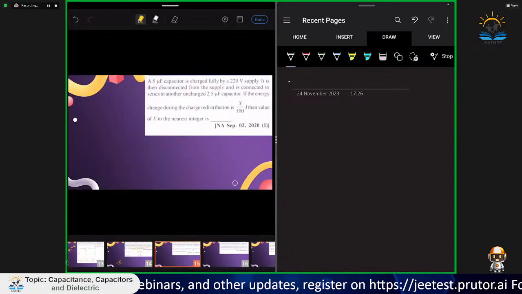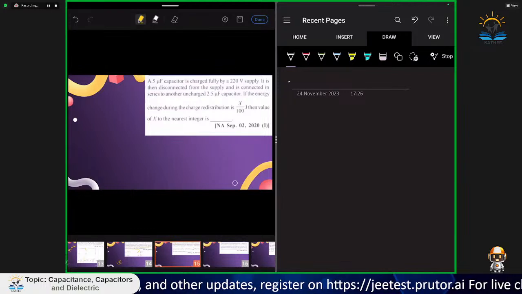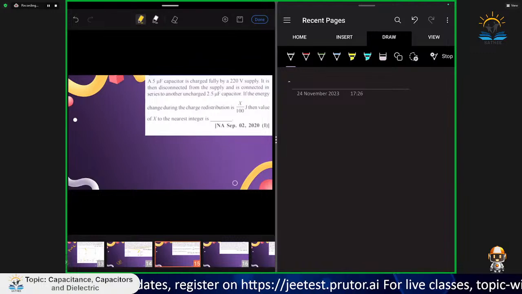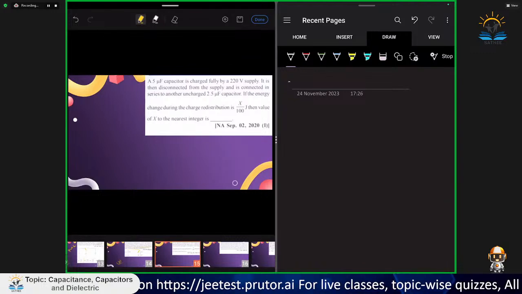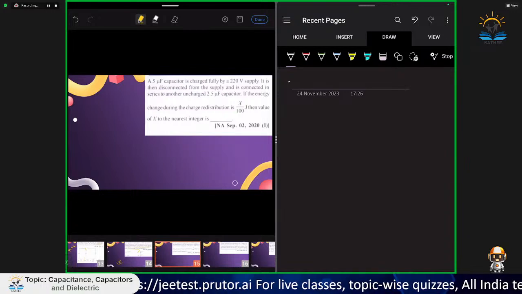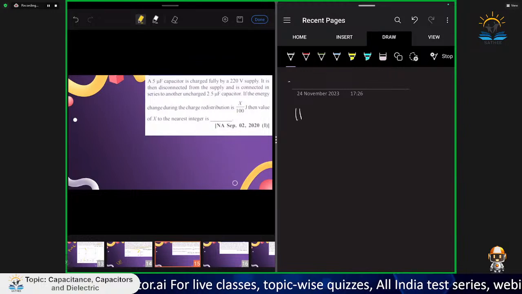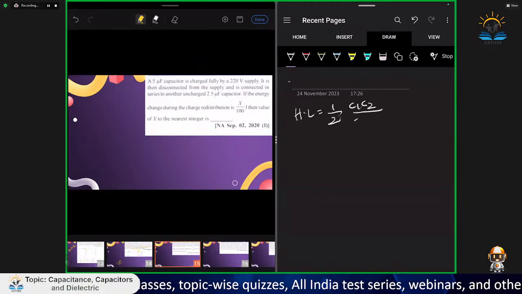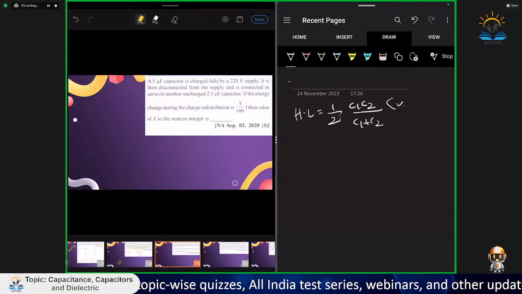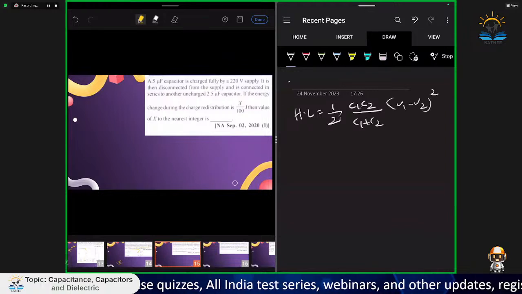A 5 microfarad capacitor is charged fully by 220 volt supply. It is then disconnected from the supply and is connected in series to another uncharged 2.5 microfarad capacitor. If the energy change means heat loss. What is the heat loss formula? It is half C1 C2 upon C1 plus C2 times (V1 minus V2) whole square.